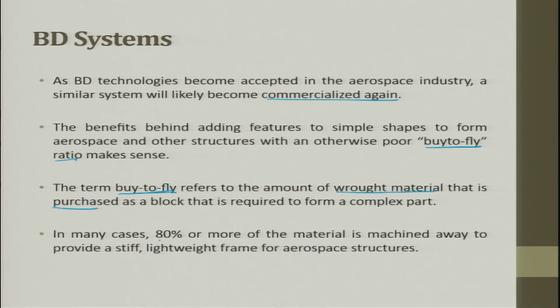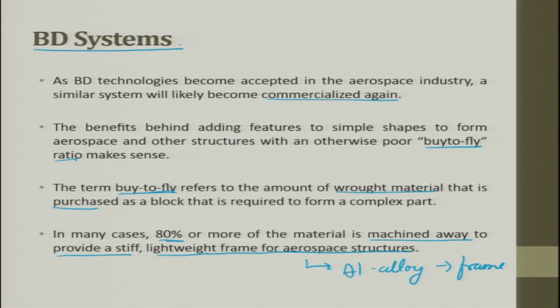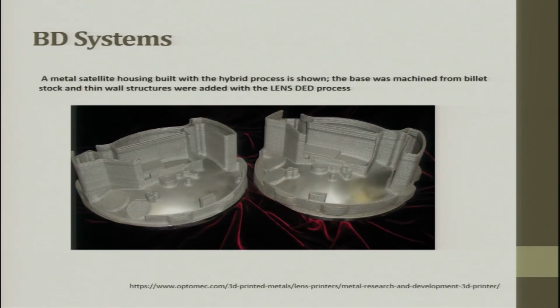In many cases 80% or more of the material is machined away to provide a stiff lightweight frame for the aerospace structure. This is what happens with aluminum alloys for frames. We remove 80% of the material. So, now by using this beam delivery system, direct deposition, we can make energy efficient aerospace materials.